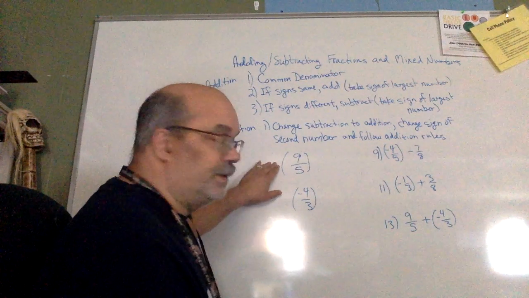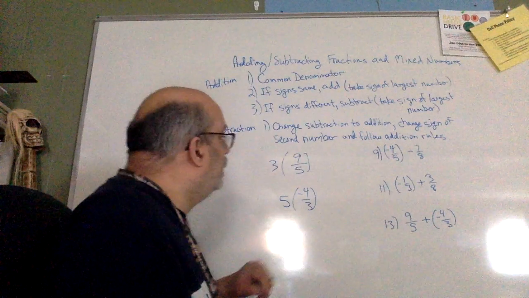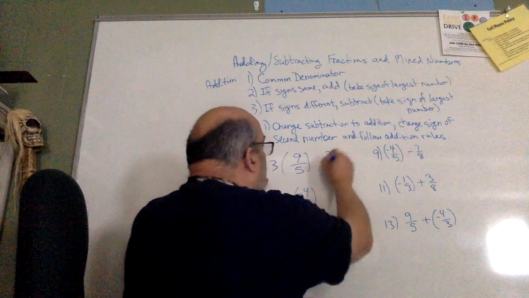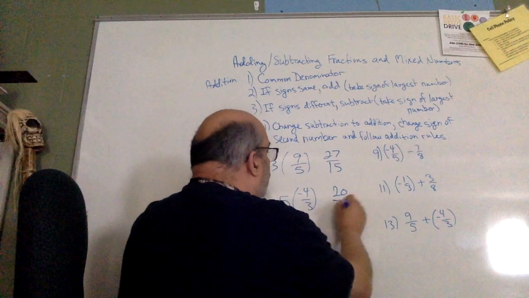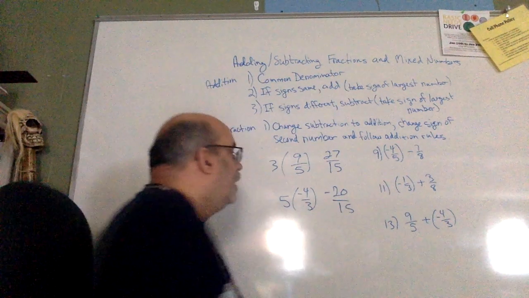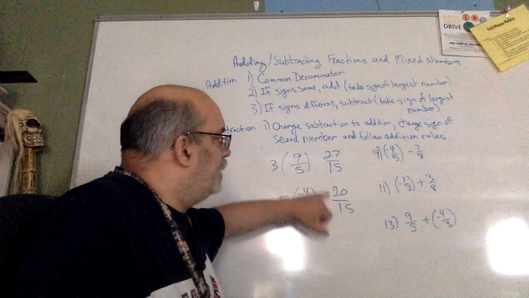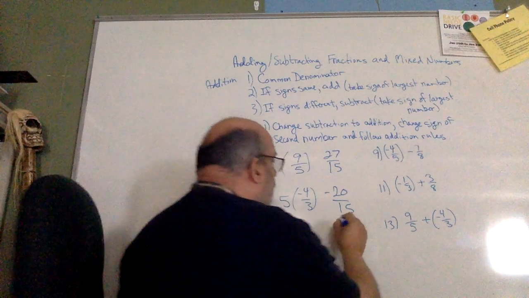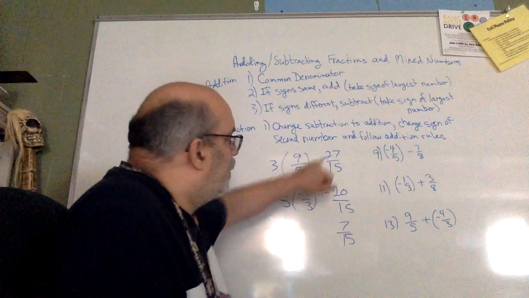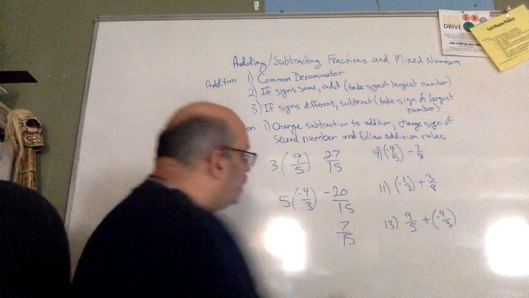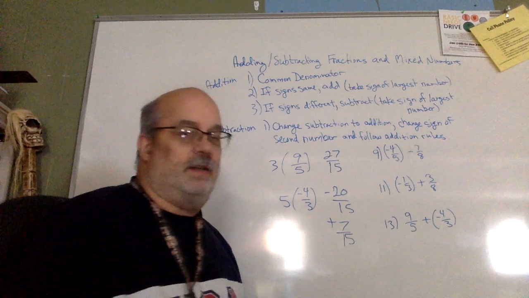So I'm going to multiply the top one by 3, the bottom one by 5. That gives me 27 over 15 and 20 over 15. They're different, so we subtract. 27, take away 20 is 7 over 15. 27 is larger, so it's positive. And 7 over 15 does not reduce.